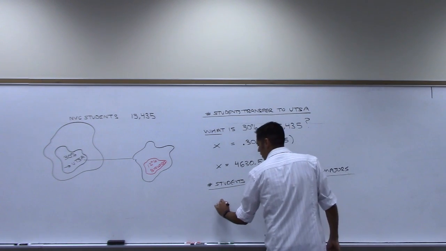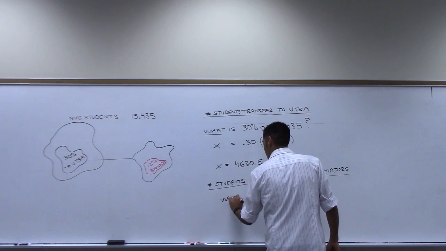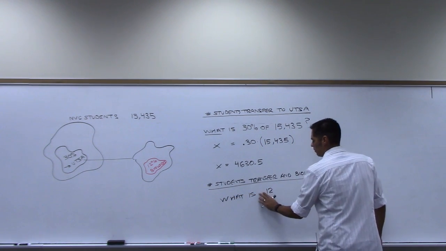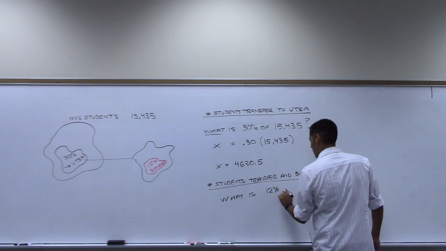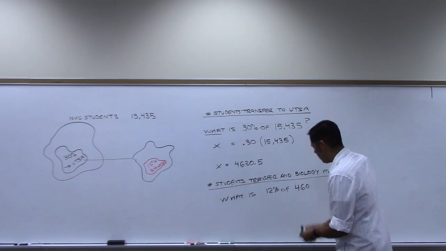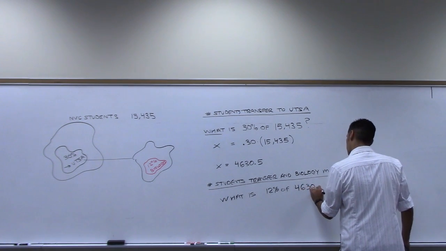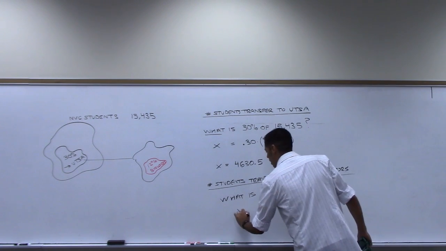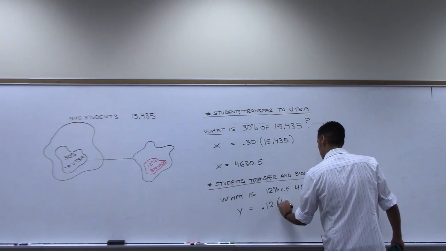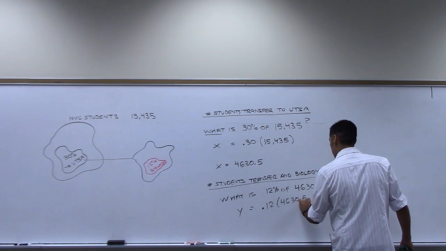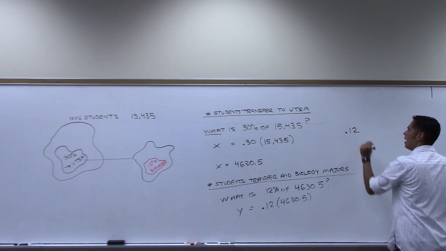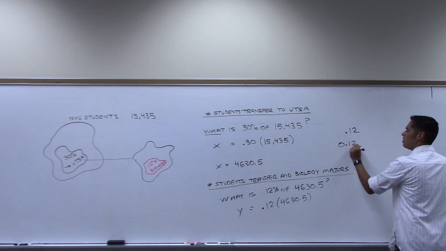So I'm going to say Y. What is 12% of 4630.5, which turns into Y equals 0.12 times 4630.5.